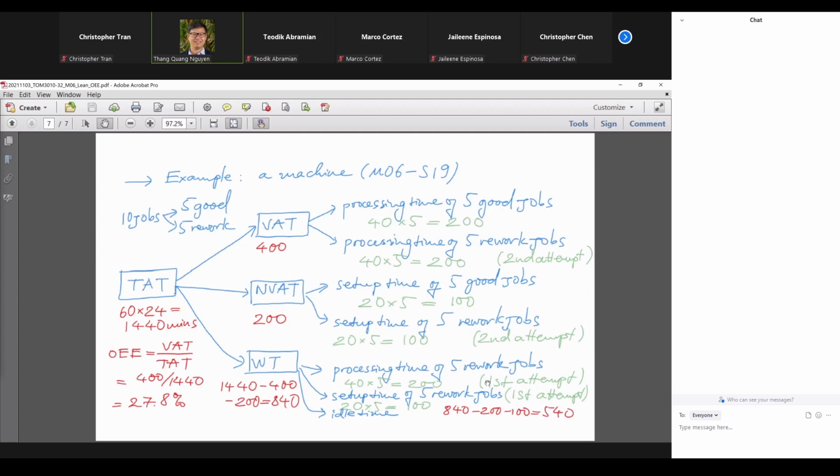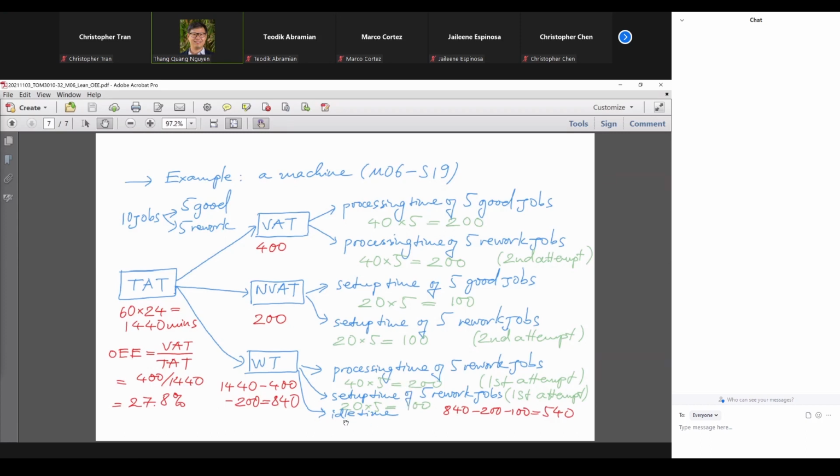So that work is wasted, and we should list that in the waste time. 5 processing attempts, they are wasted. 5 times 40, they are 200 minutes. And then for the setup time, we also set it up 5 times, and at the end they are wasted. So we multiply 20 with 5, right? So we have 100 minutes here.